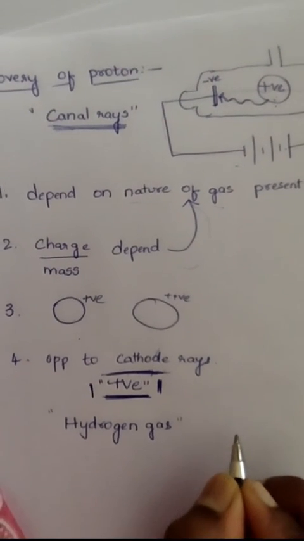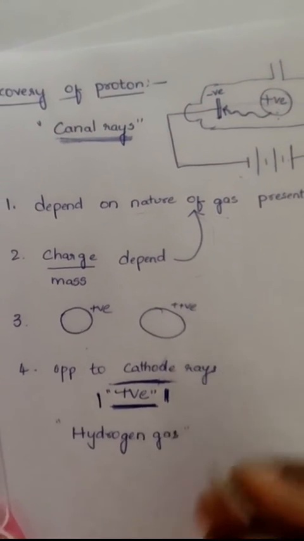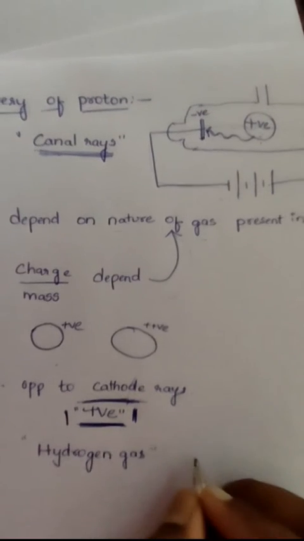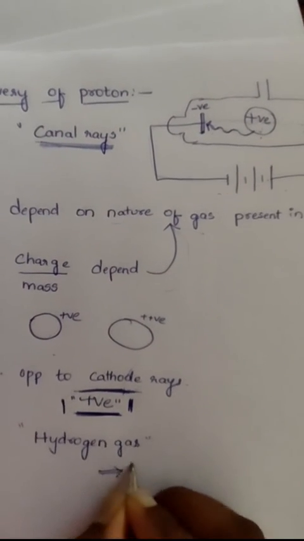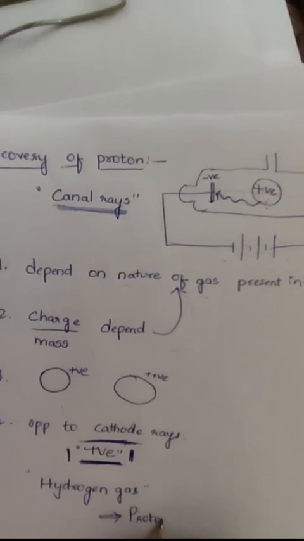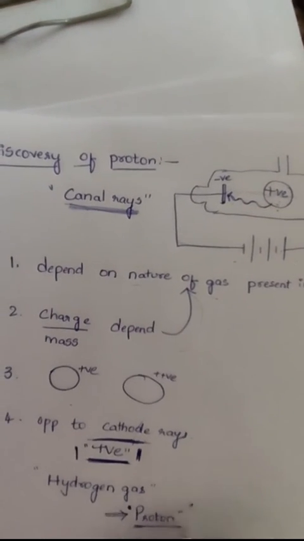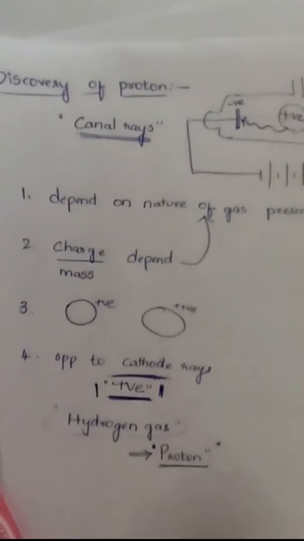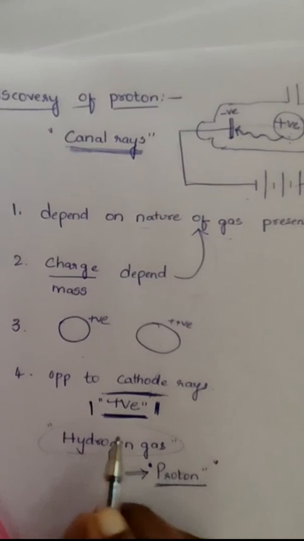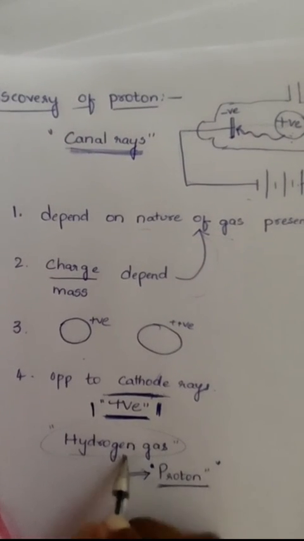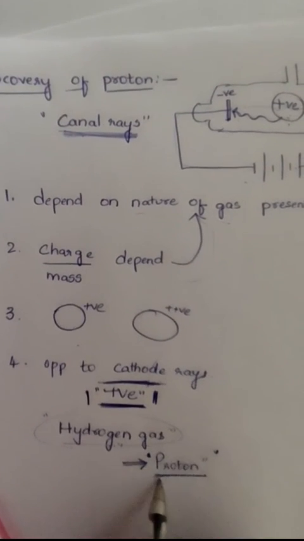We named it proton. So the positive ion obtained from hydrogen gas is named proton.